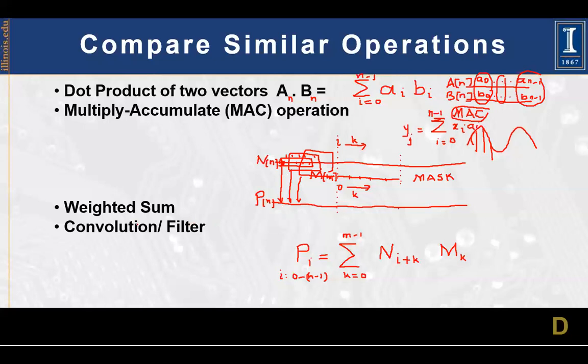We can do the convolution, or we may calculate a weighted sum. Weighted sum means if we call these values of the filter weights, we multiply these weights to a value and take the sum. So it is a weighted sum. Sometimes in networking or communication, we apply this kind of thing and we say running weighted sum, because you are calculating the weighted sum in one place and then it is moving.